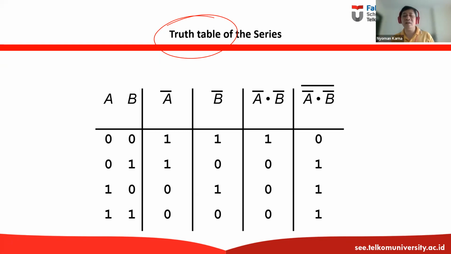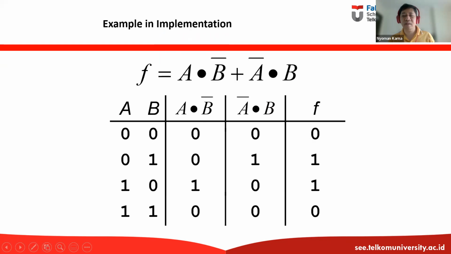So a truth table is a table that explains the relationship between input and output. This is the input, this is the output.